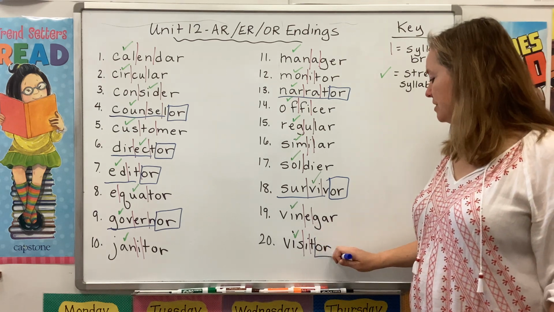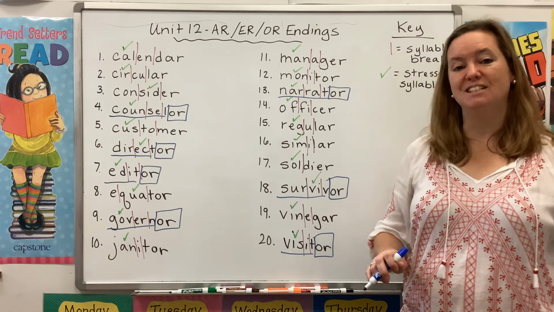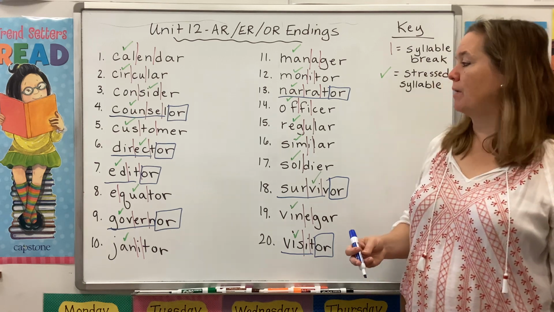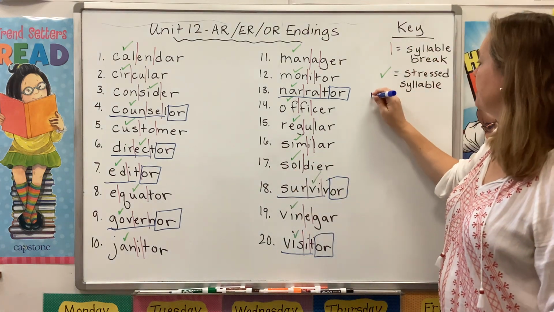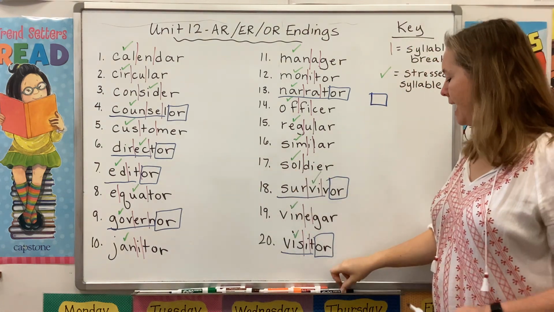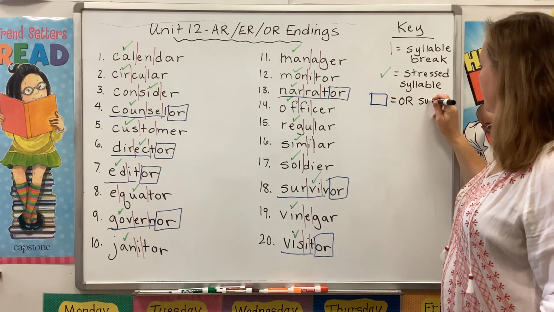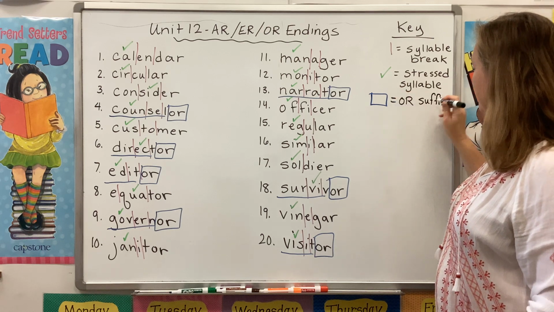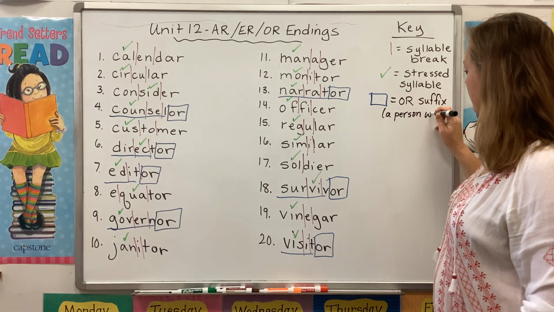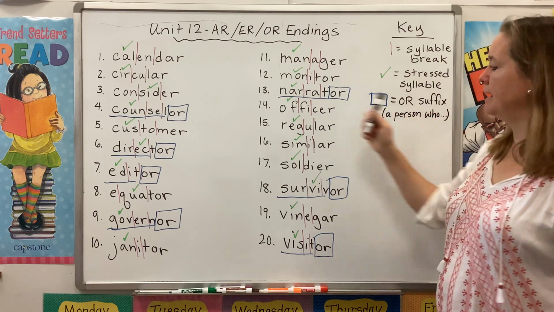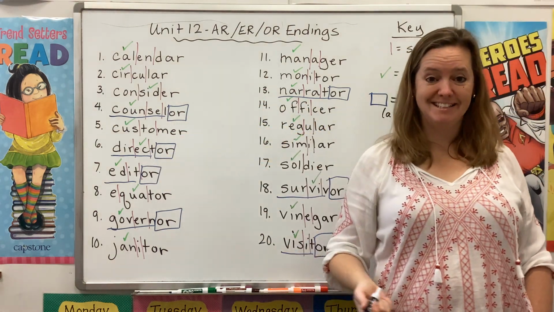And a visitor is a person who visits you. They're a guest. Okay? So in all of these cases, we have an OR suffix meaning a person who. A person who counsels, a person who directs, a person who edits.